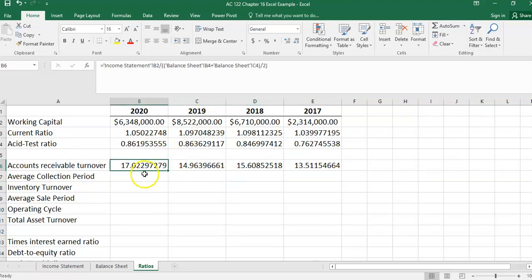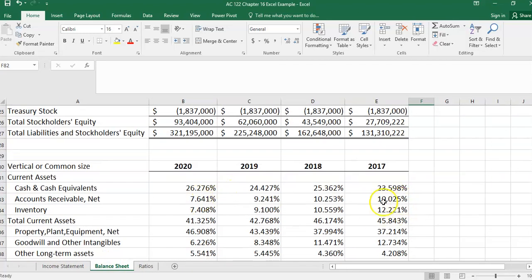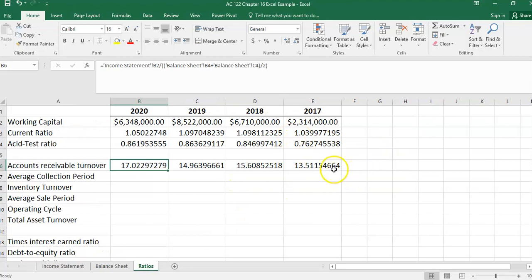So you can see this is consistent with the fact that our accounts receivable is declining, that we are getting faster at the number of times we turn over receivables.